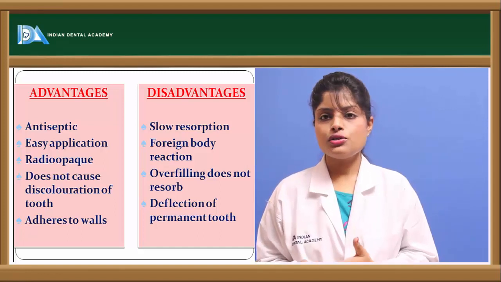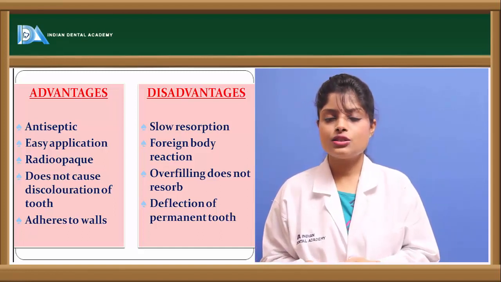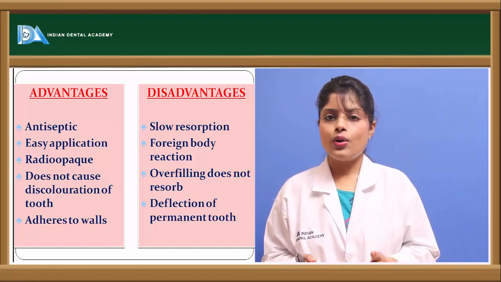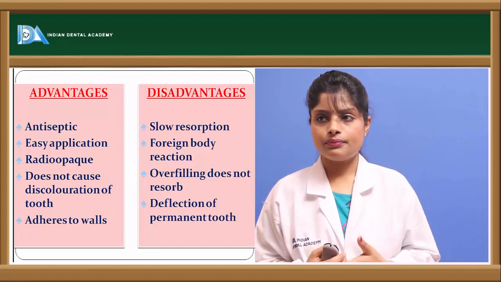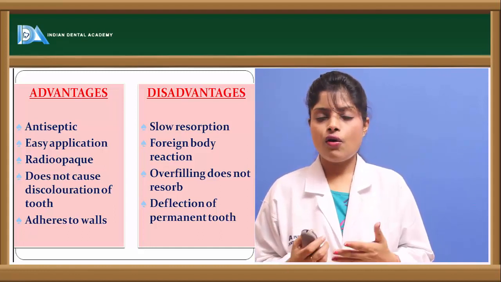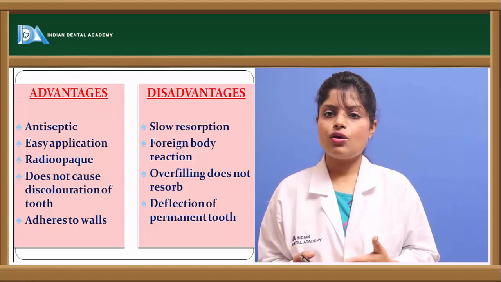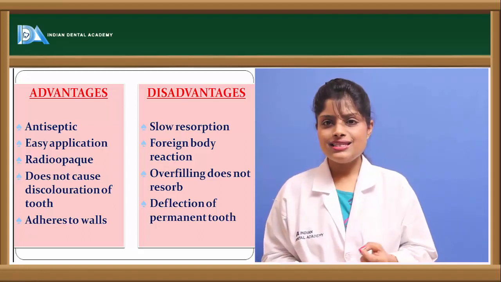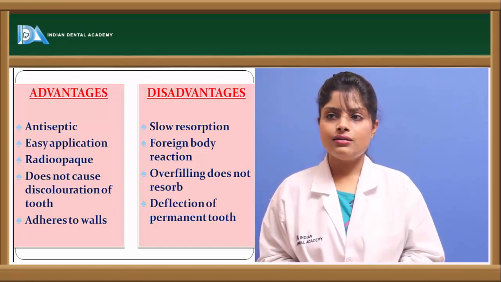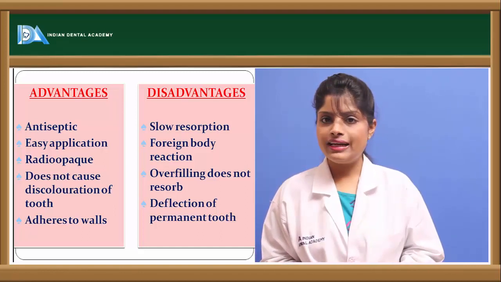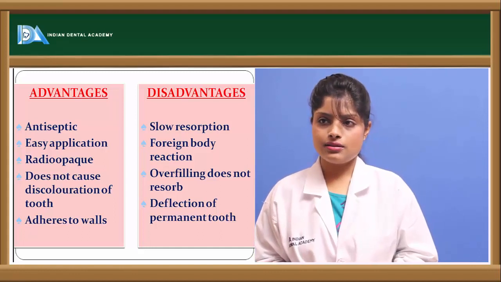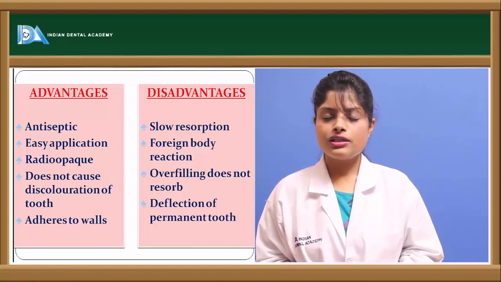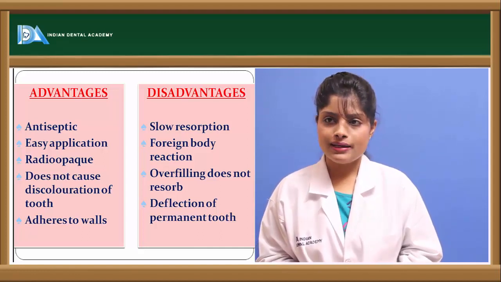The resorption of zinc oxide eugenol in the canals is very slow. Generally, we have to extract the teeth when the permanent teeth are about to erupt. There can also be foreign body reactions if zinc oxide eugenol is extruded periapically, as it is less biocompatible than other materials. So overfilling is not preferred in such cases. There can also be deflection of the permanent tooth if the tooth is filled with zinc oxide eugenol paste.